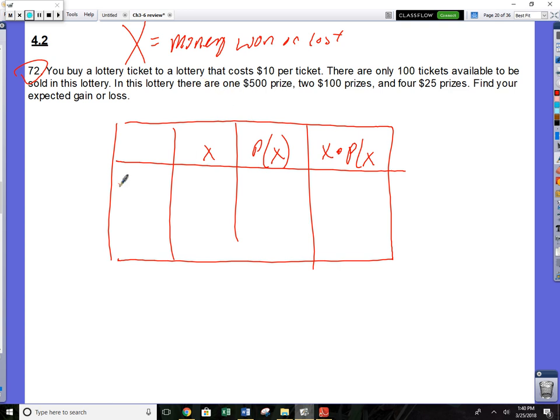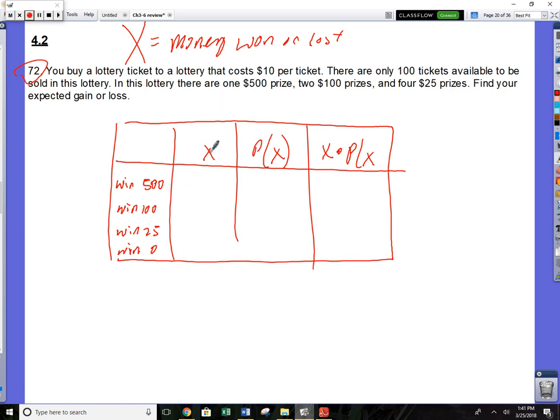I can win $500, I can win $100, I can win $25, or I can win 0. Okay, now, X is going to be the money won or lost.